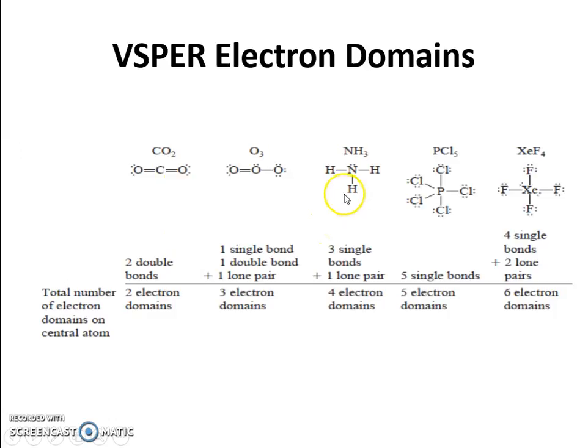And for ammonia, we will have 1, 2, 3 bonds and 1 lone pair of electrons. So that means that we have 4 electron domains. For instance, selenium fluoride will have 1, 2, 3, 4 bonds and 2 lone pairs of electrons. If we add those together, we have 6 electron domains. That is the way we will determine these parameters.